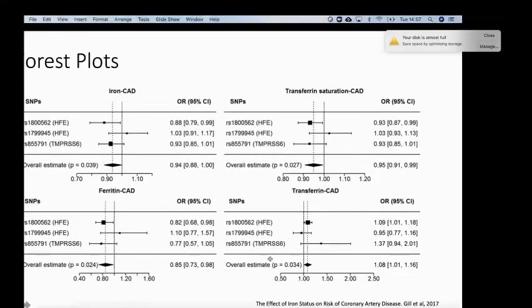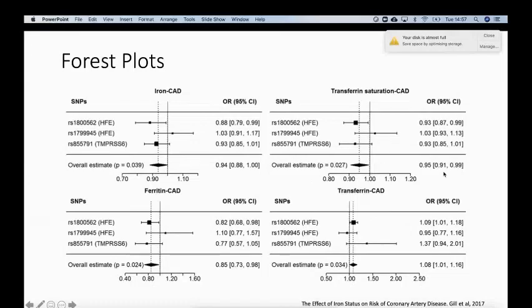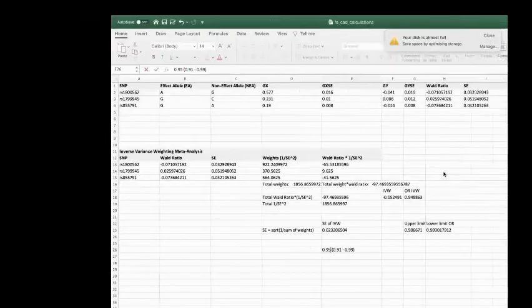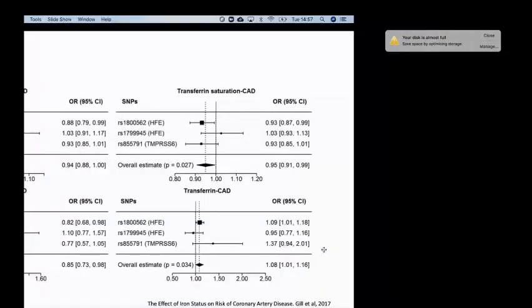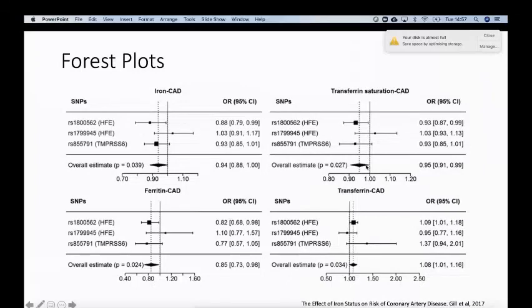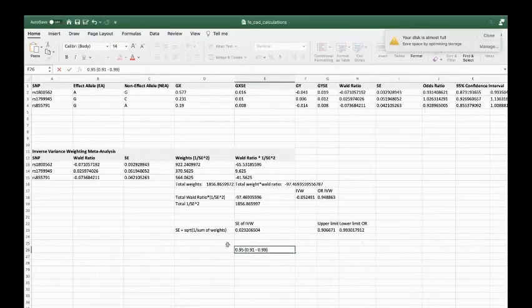So 0.95, with the range going from 0.91 to 0.99. Correct. And then the diamond reflects the confidence interval. The dotted line is the inverse variance weighted pooled estimate. And that's how you do it.